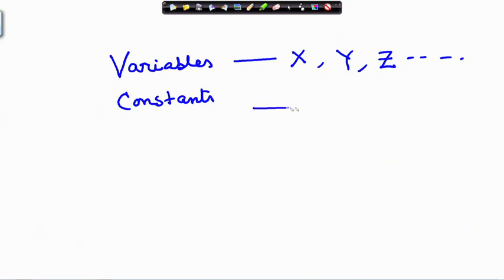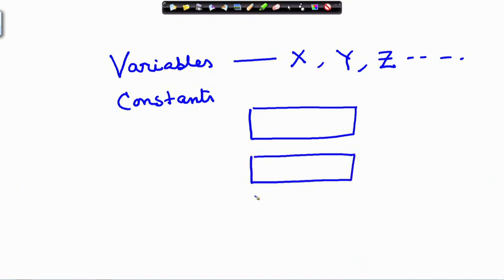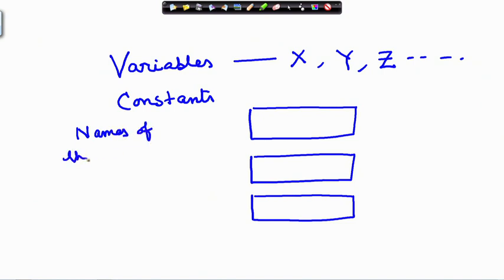So, each of these variables, which are nothing but memory locations, are being given some names, right. So, we have to give some names of the variables.